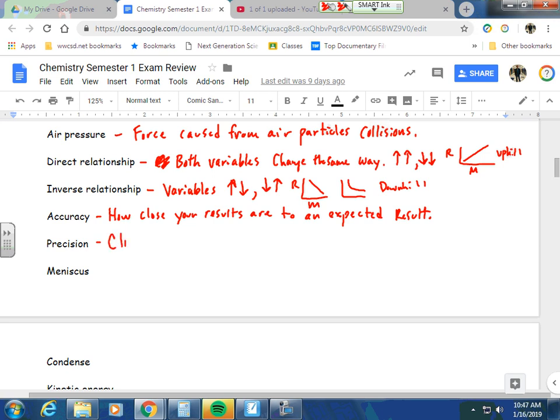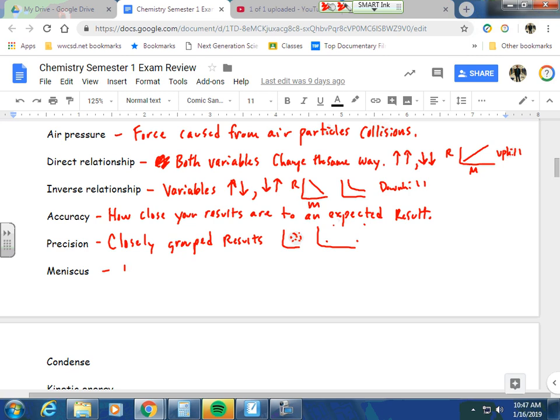Precision can also refer to how closely grouped results are. So if all your results are all close together, that's high precision. If they're all spread out on a graph, that would be low precision.